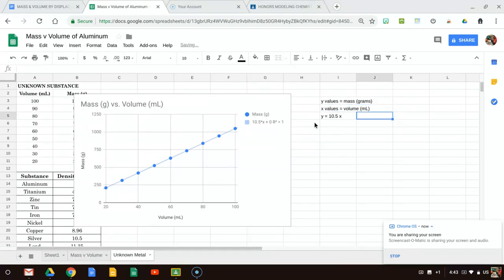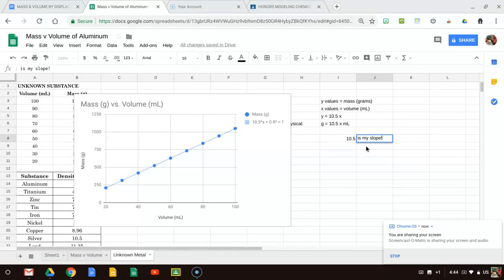And so the way that I could physically represent this equation is grams is equal to 10.5 times milliliters. Okay? Now, something that's huge to remember is this 10.5, that is my slope.